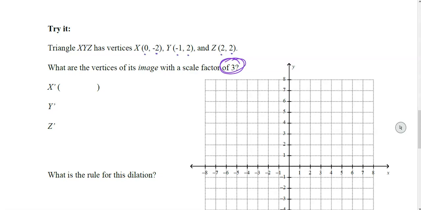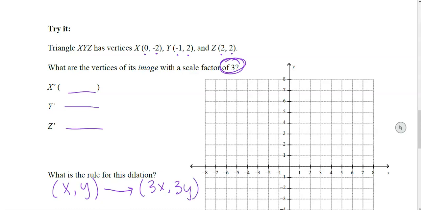Now I will write the rule. Again, the rule for this one, you're just multiplying each x by 3 and each y by 3. There is no plus, there is no minus. It's just 3 times the letter. Alright? The next one.